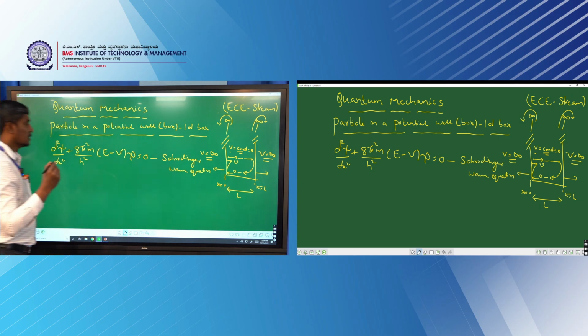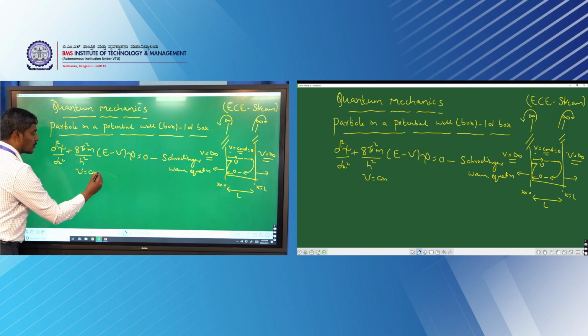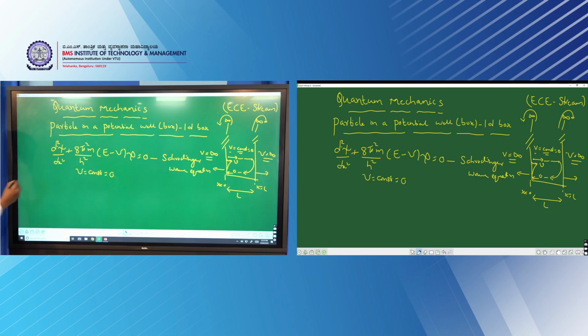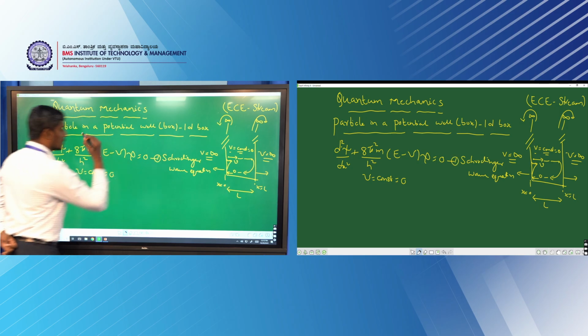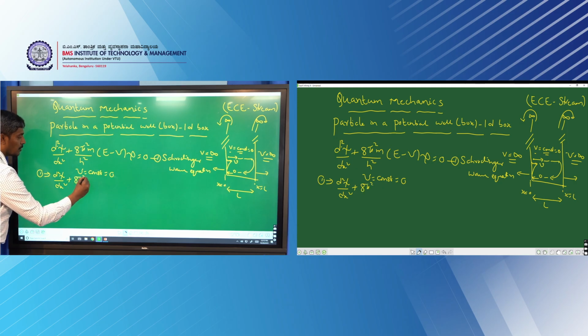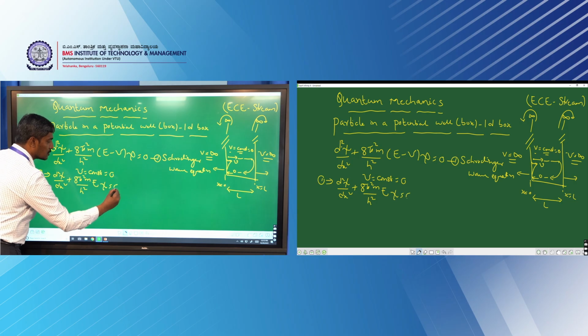Inside the potential well, I have assumed U to be constant, and that constant I have taken equal to 0. Let me call the Schrödinger equation equation 1. Now equation 1 becomes d square psi by dx square plus, putting U equal to 0, 8 pi square m by h square into E into psi is equal to 0.